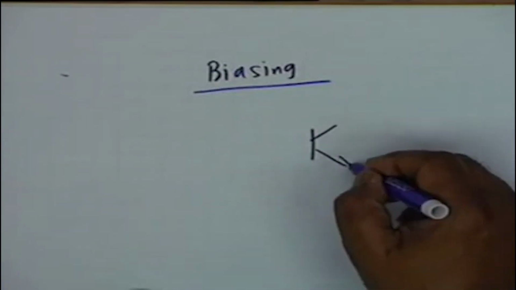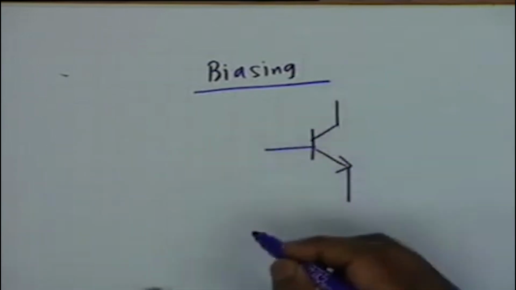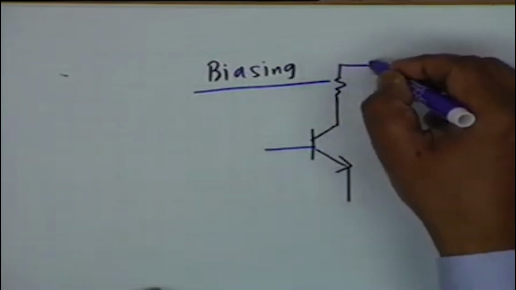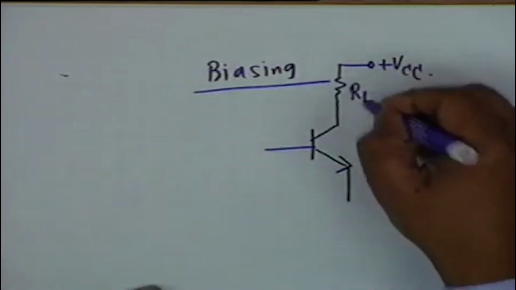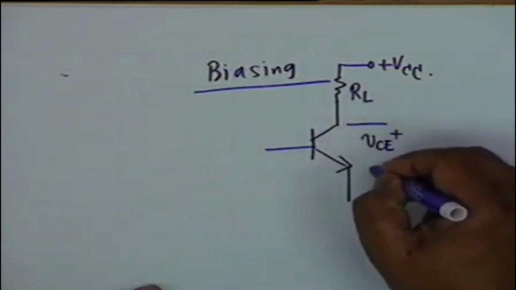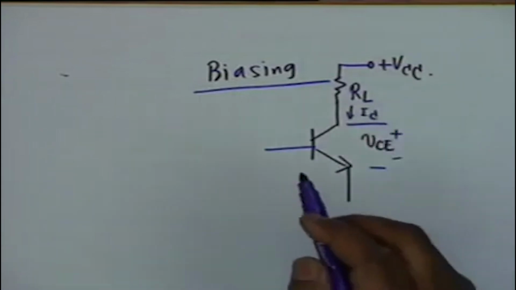You have a transistor, you have a load, alright, and you have a plus VCC. You have a load RL, you wish to establish a particular VCE and a particular I sub C. So the condition will be satisfied if you can find out the appropriate base current and establish the corresponding base current.